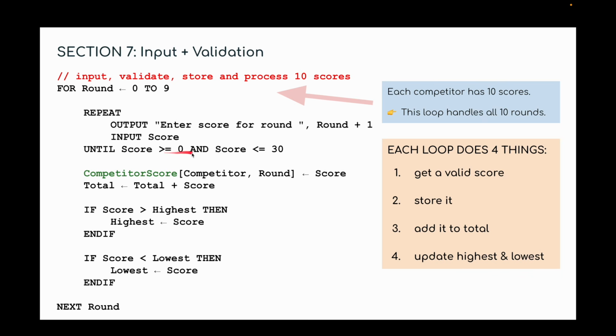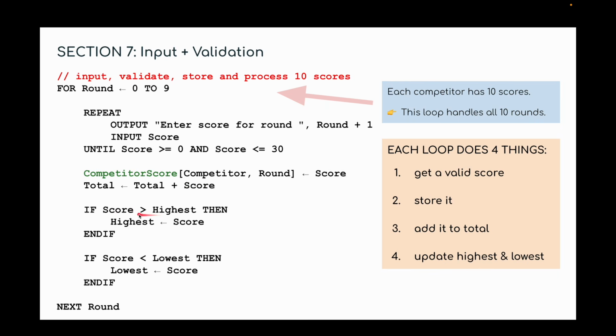Validation, and I told you this before, so keep going, repeat that and make sure that the score is between 0 and 30. In the competitor score array, we've got the index value of the competitor and the index value of that score, in that 2-dimensional array. So the score has been added to that, and then the total becomes total plus score.